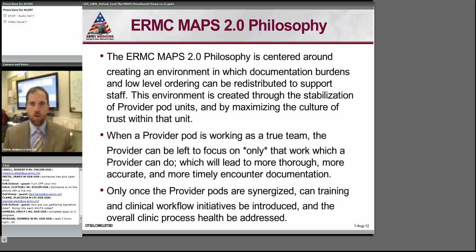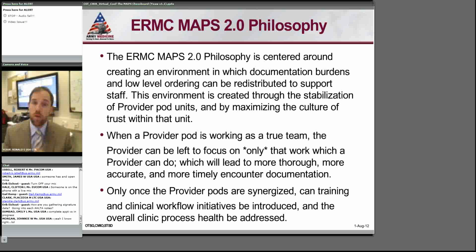I'll talk through the process of how we do that, but it's this culture of trust. If the provider trusts his or her staff, only then will the provider push some of this workload across the table to that staff. And this is very much like a Venus flytrap, again, a house of cards. The second something goes south, that provider pulls that documentation back, my documentation.